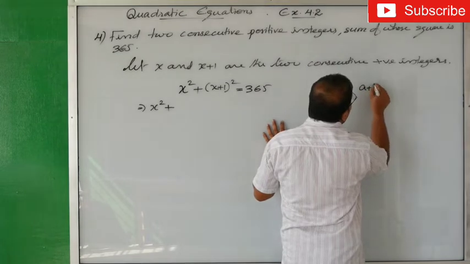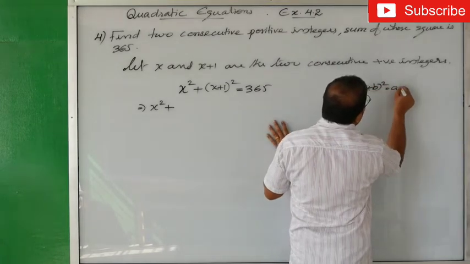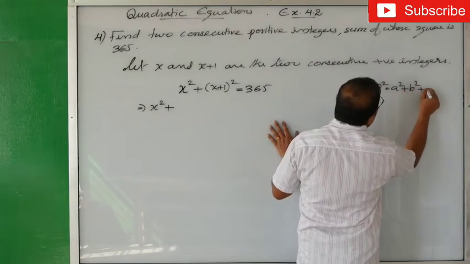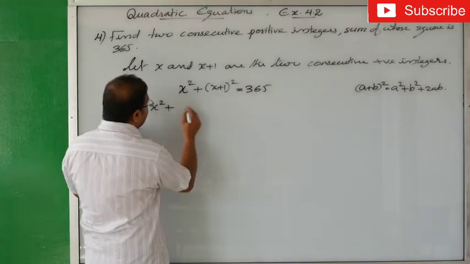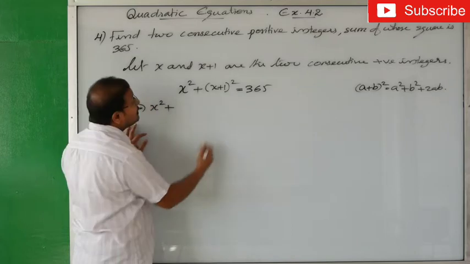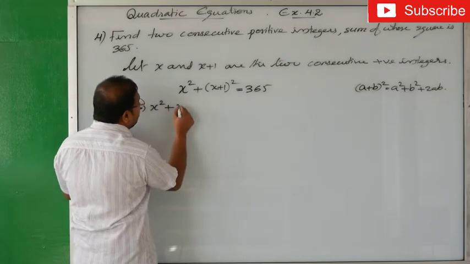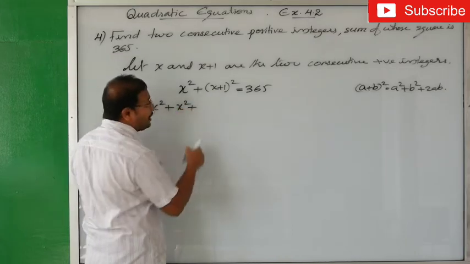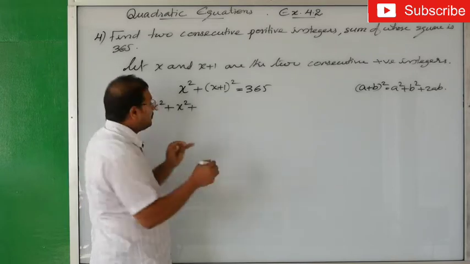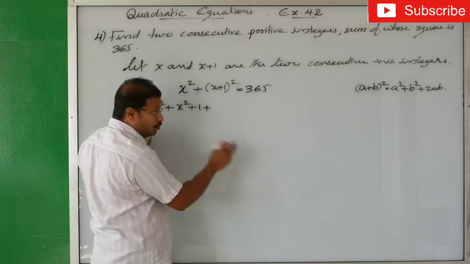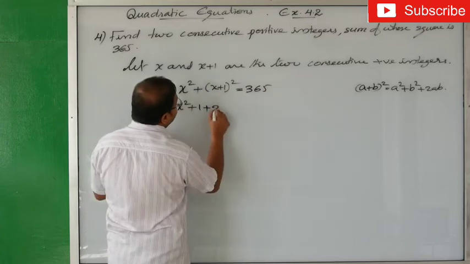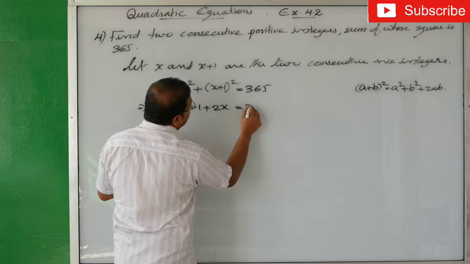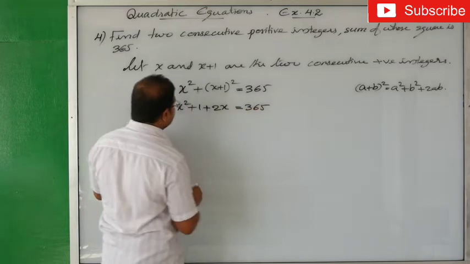Now this implies x square plus (x plus 1) the whole square. Yes, (a plus b) the whole square equals a square plus b square plus 2ab. So what will you write here? a means x, b means 1. So a square means x square, plus b square means 1 square which is 1, plus 2ab, 2 into x into 1, that means 2x, equals 365.